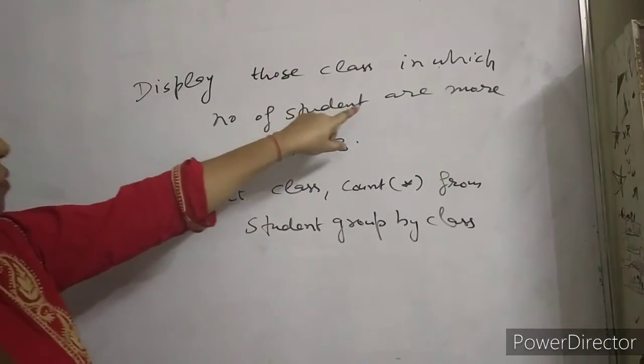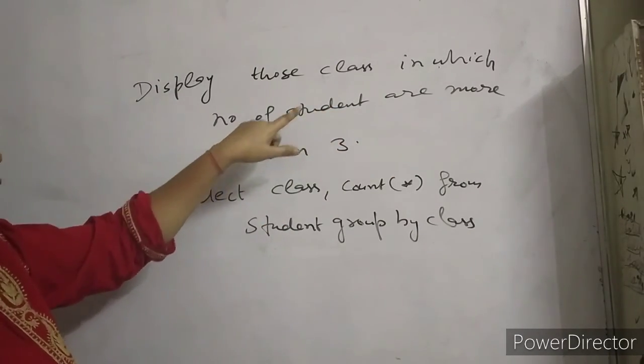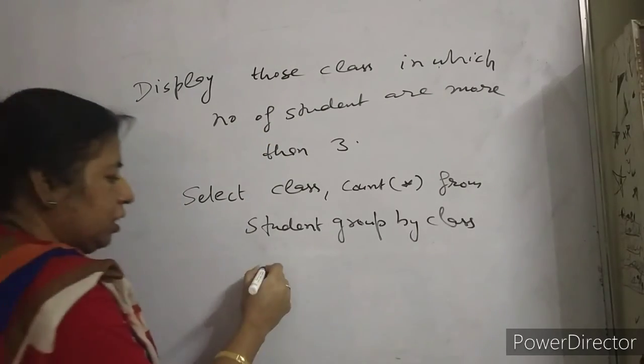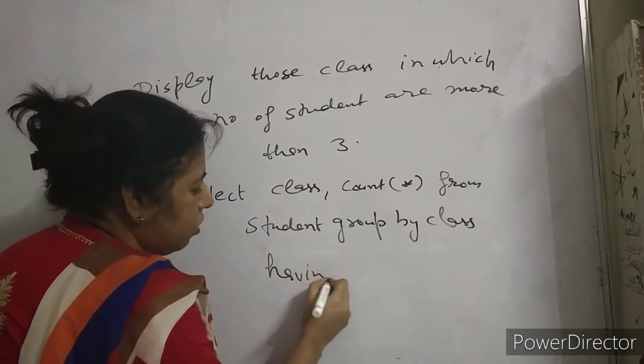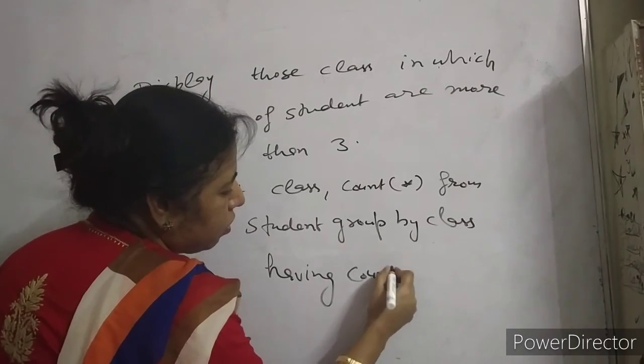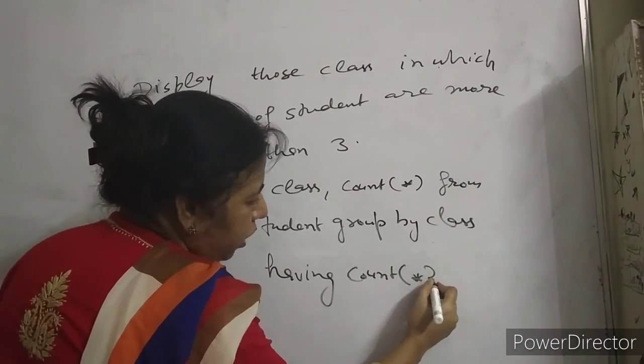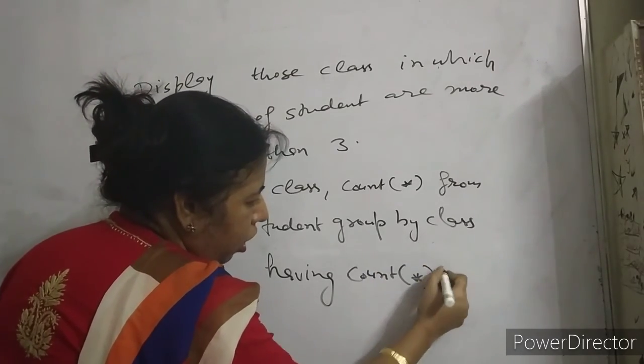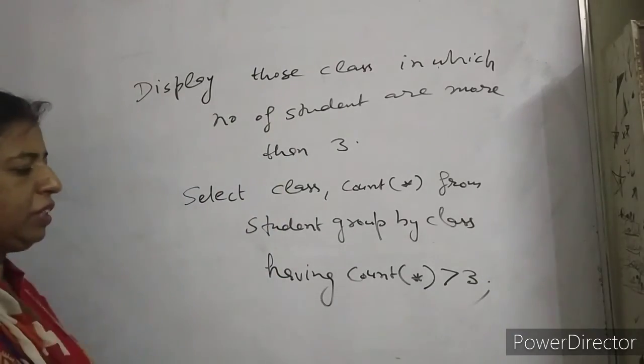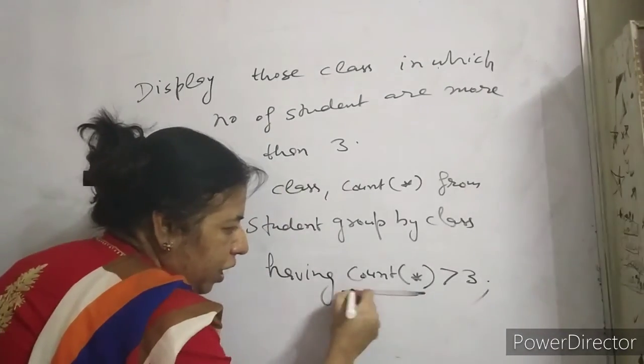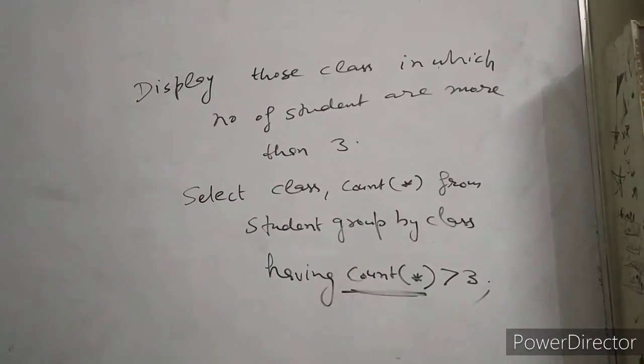But I said display those classes where the number of students is more than 3. It means I have to check whether my count is greater than 3 or not. It means the condition is based on my aggregate. If the condition is based on my aggregate, then I will use having. That I am saying. Clear?